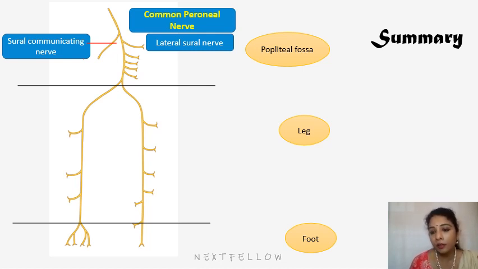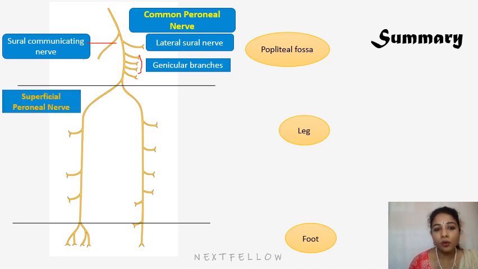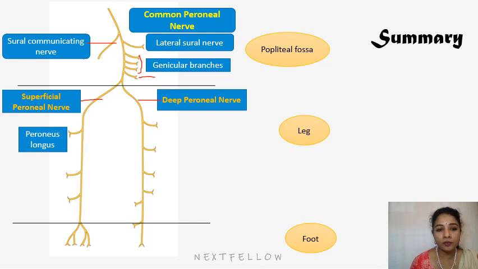Sural communicating nerve goes and joins with the sural nerve, and there are 2 to 3 branches of genicular nerves which supply the knee joint, and also articular branches to the superior tibiofibular joint. So these are the branches given off by the common peroneal before terminating into superficial peroneal and deep peroneal. So this is the superficial peroneal and this one is the deep peroneal nerve.